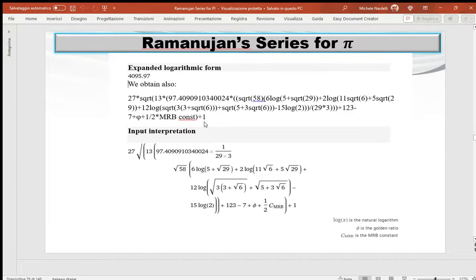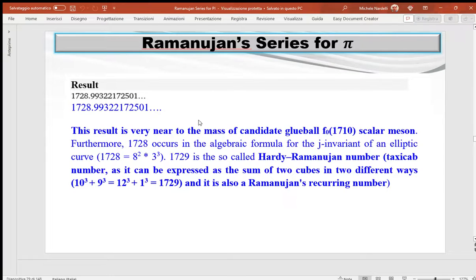From the previous expression, we obtain also, after some simple calculation, practically performing the square root of the previous expression, multiplying by 27 and adding the unity, this result.